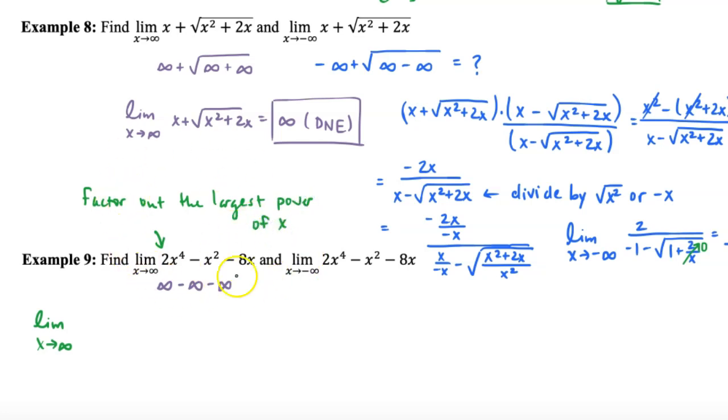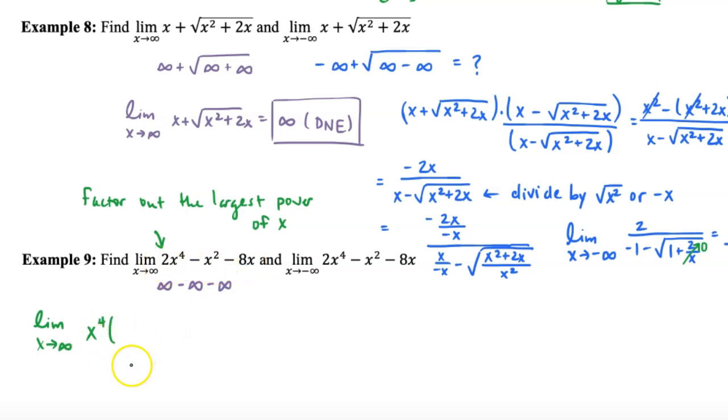Instead of dividing by the largest power of x, when I don't have a quotient, when I just have a polynomial, I'm going to factor out the largest power of x. The largest power of x is x to the 4th power. So I'm going to factor out x to the 4th power. When I factor out a value, what I'm really doing is dividing all of these terms by that value.